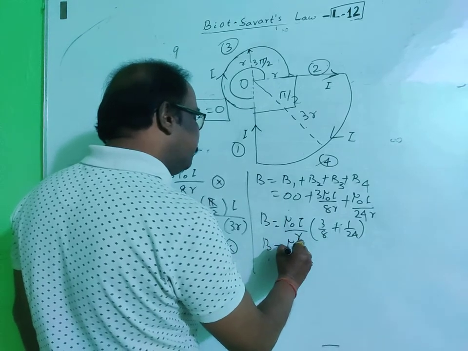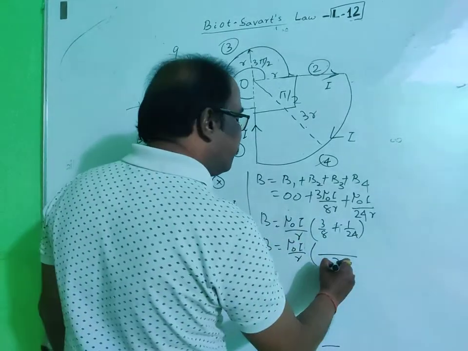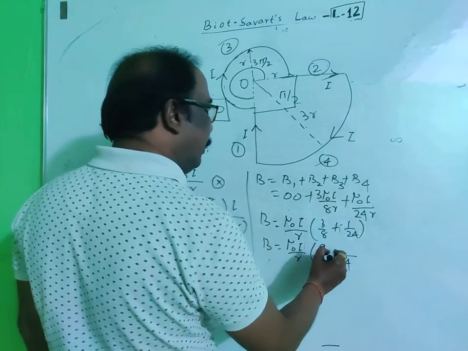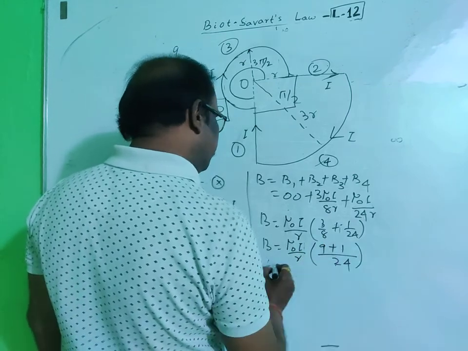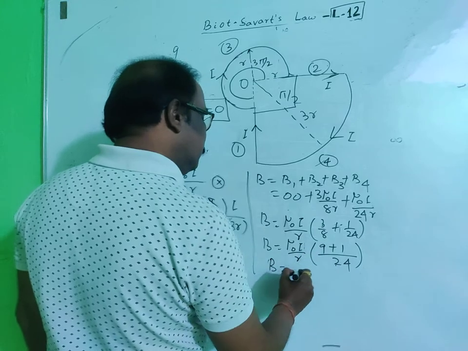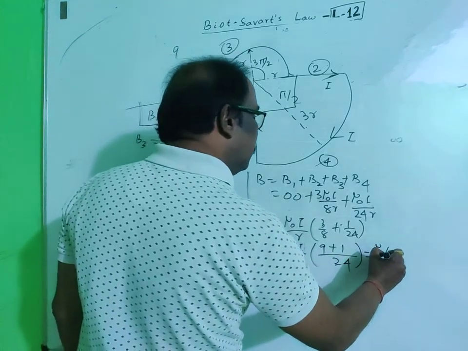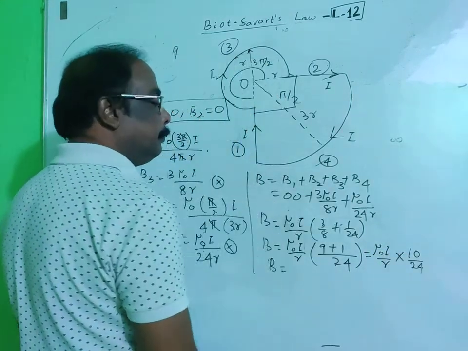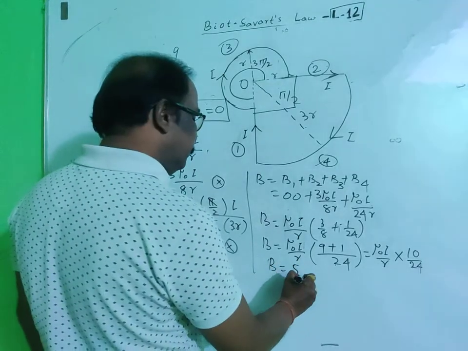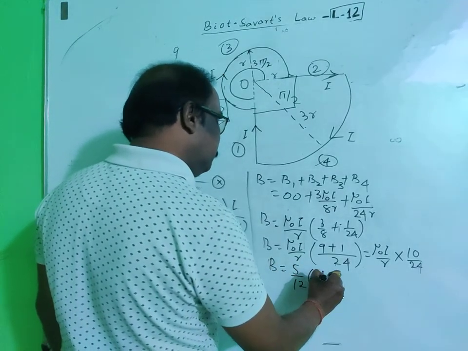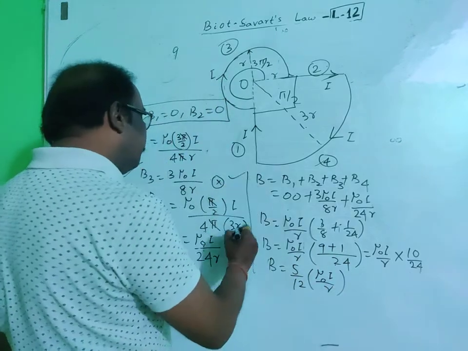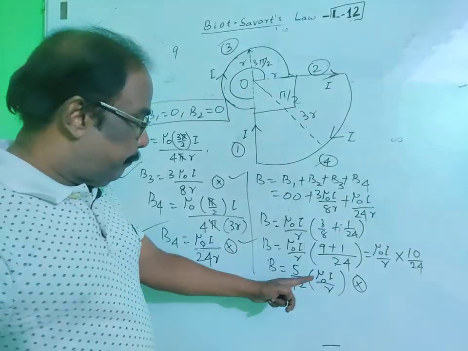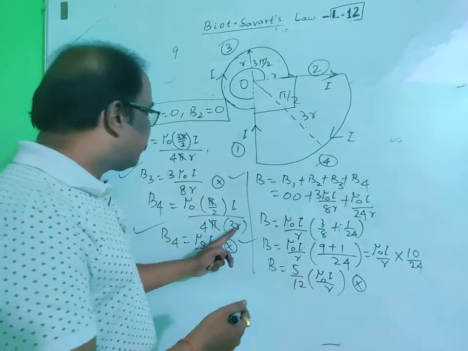The LCM is 24. 3 into 3 is 9, plus 1, so B is equal to mu naught I by R into 10 by 24, which means 5 by 12. So 5 by 12 into mu naught I by R, and the direction is obviously inwards. Yes, the answer is mu naught I by R into 5 by 12. Okay, this was the mistake.